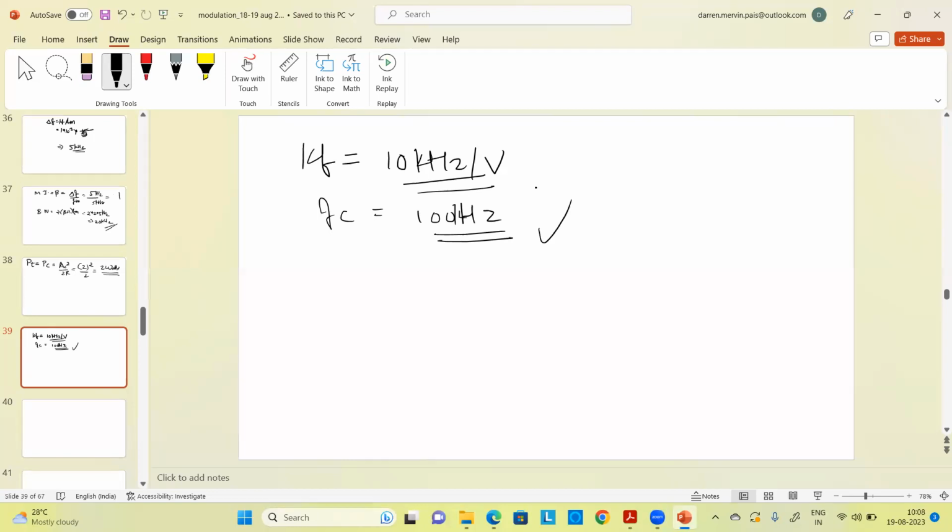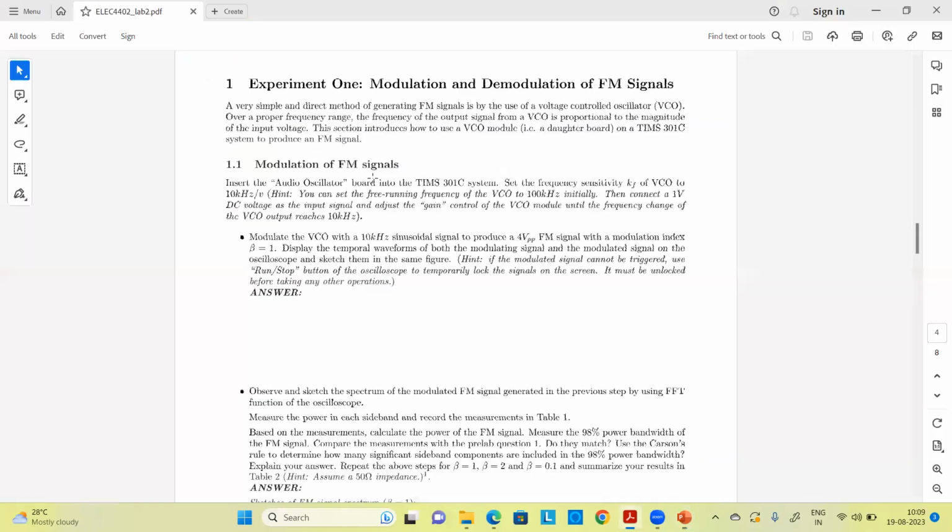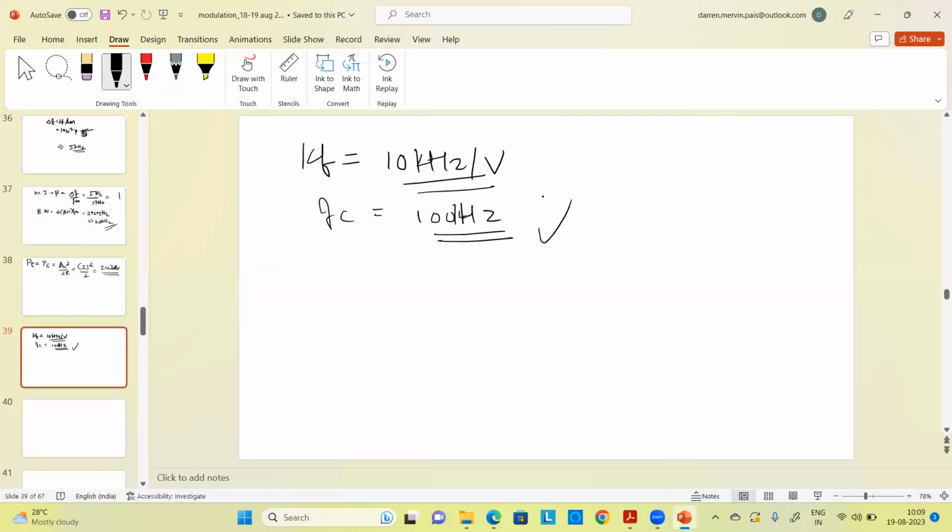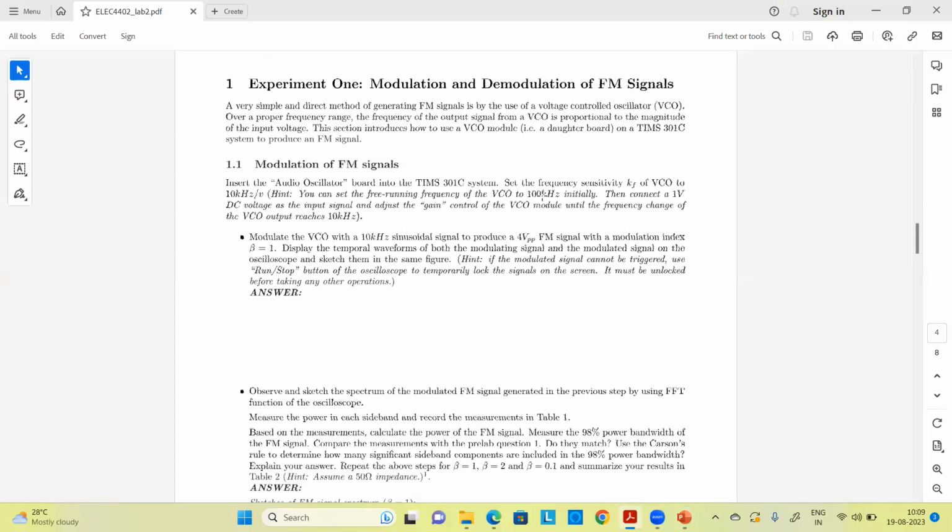If this value is 100 kilohertz initially, what is it? It is fc, right? We always learn that fc is a very high value, and it is 100 kilohertz. Clear?